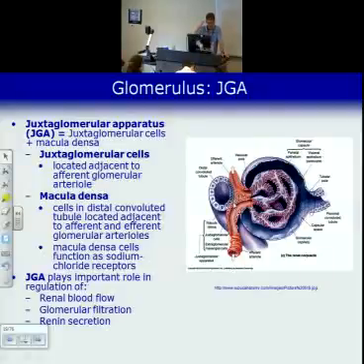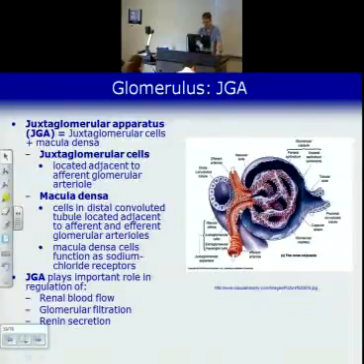This is a feedback mechanism, but it's a local feedback mechanism. Here you've got blood coming into the filter, and you have this feedback system of the capillaries themselves and these cells around them. They sense the pressure of what's getting dumped into the filter.